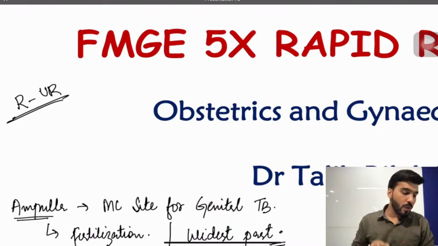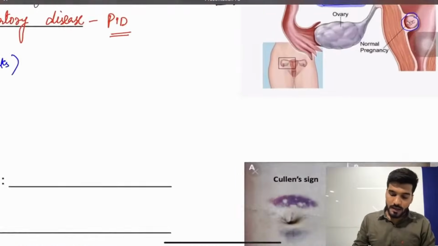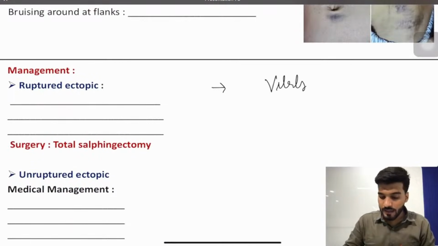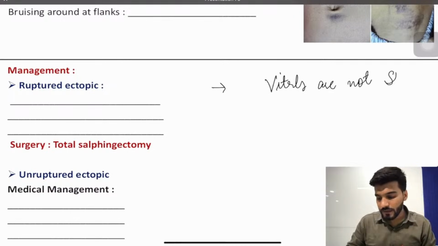Remember one important point: whenever the vitals are unstable, you are thinking about ruptured ectopic pregnancy. In ruptured ectopic pregnancy, the vitals are not stable.